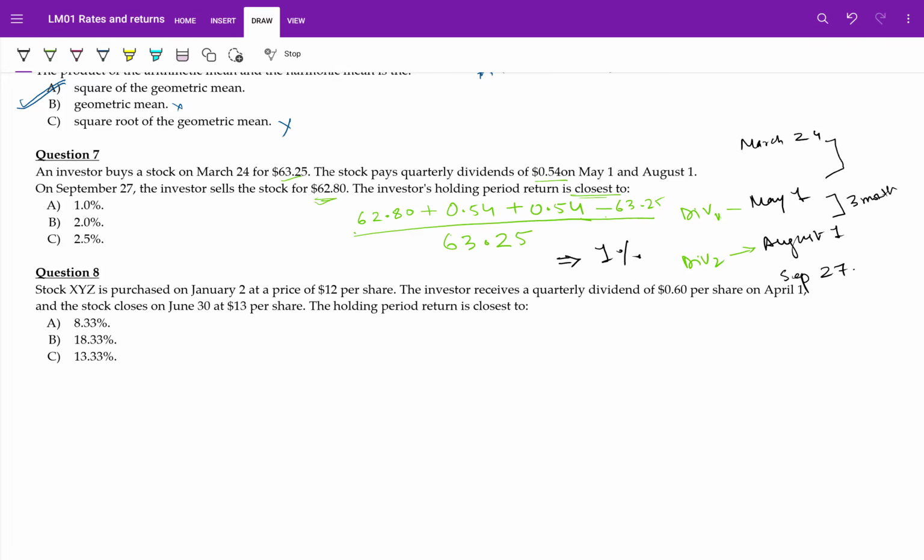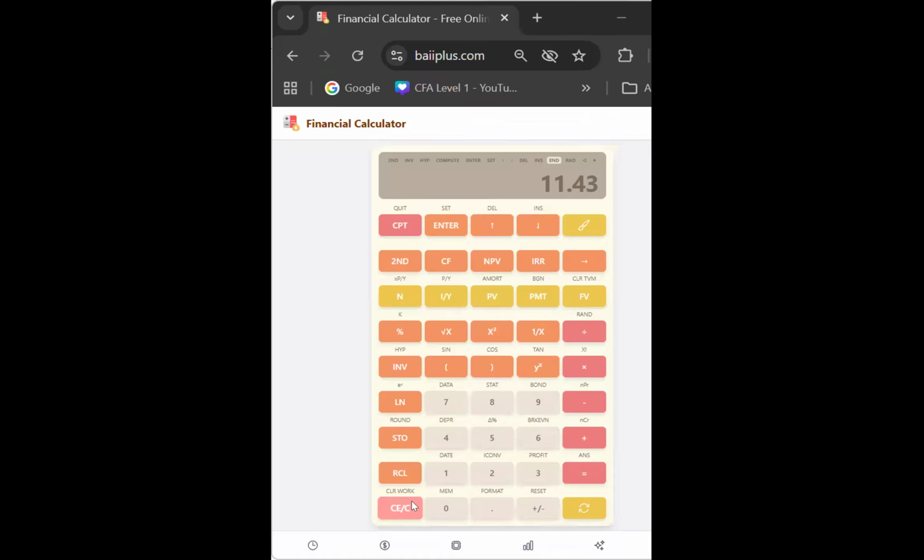Let me just quickly share my calculator and calculate this. 62.8 is the ending value, what the investor sold this stock for. Then we add back 0.54 and 0.54 again, because these are the two dividends received by the investor.